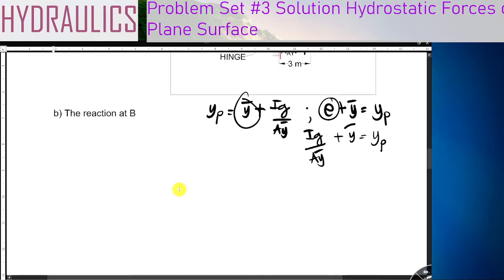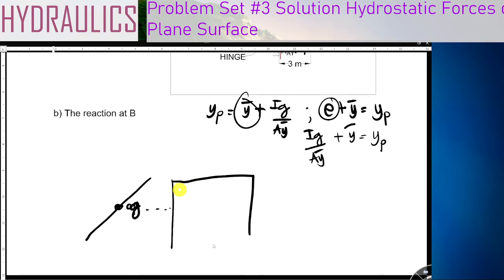Looking at the figure, this is the center of gravity, sorry. The center of gravity is right in the middle. Project it here. The location of the center of gravity is simply the middle.